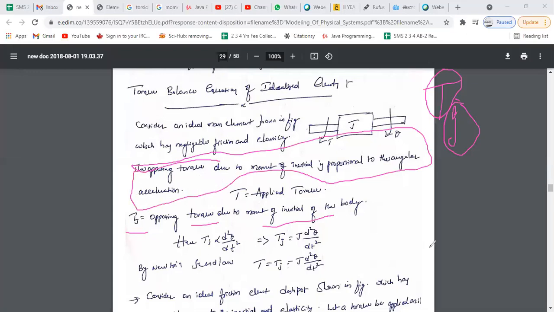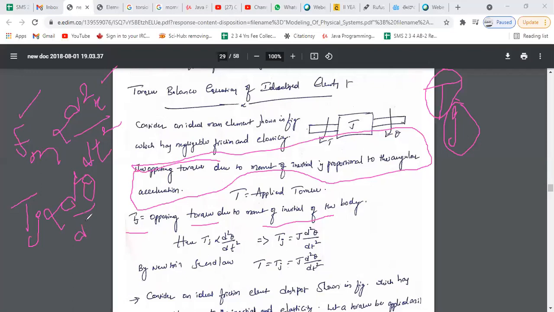Similar to the translation system, the opposing force due to the mass, F_m, is proportional to d square x by dt square, where x is linear displacement. This is the input force and acceleration is the output. Here in the rotational system, the torque is the input and the opposing torque due to the moment of inertia of the system is T_J, which is proportional to angular acceleration d square theta by dt square.